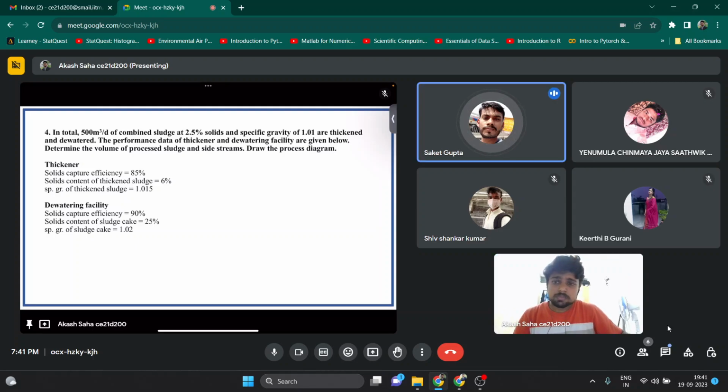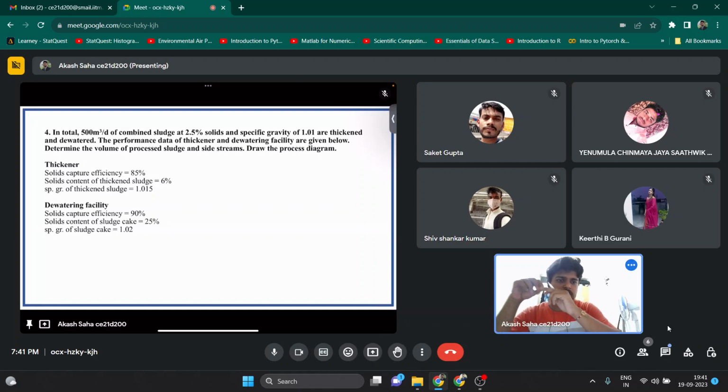Sir, what is side streams? Side stream means, suppose the combined sludge is entering the thickener. Then some part will get thickened and some part of the water will just come out as it is. What is the meaning of thickener? It is reducing the water content and increasing the solid content.